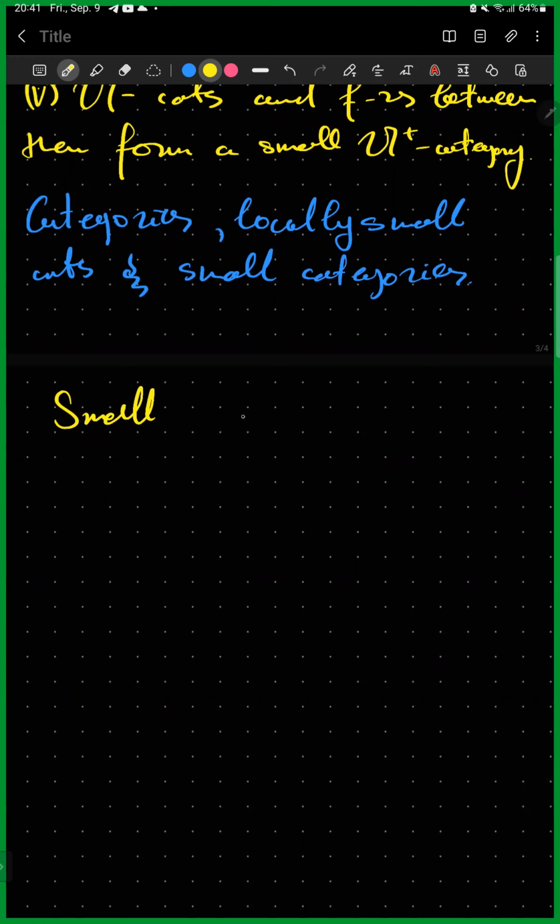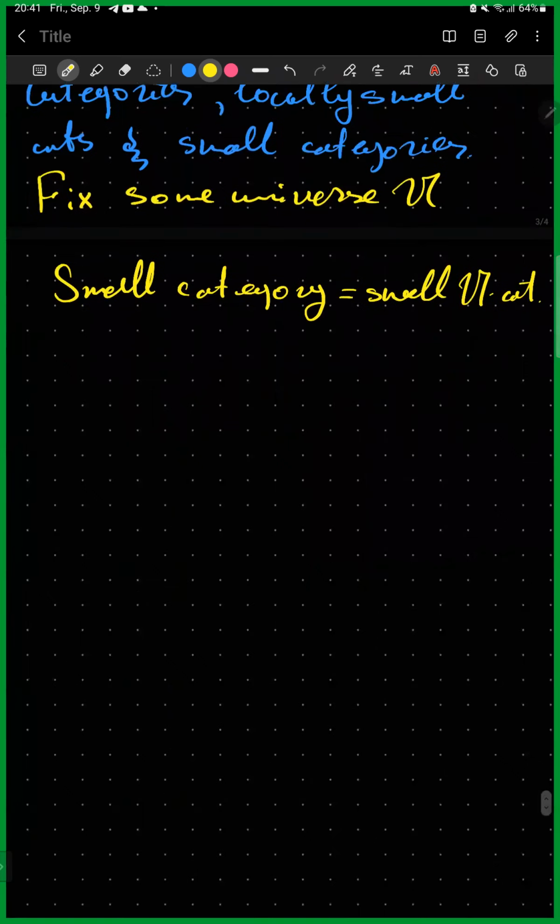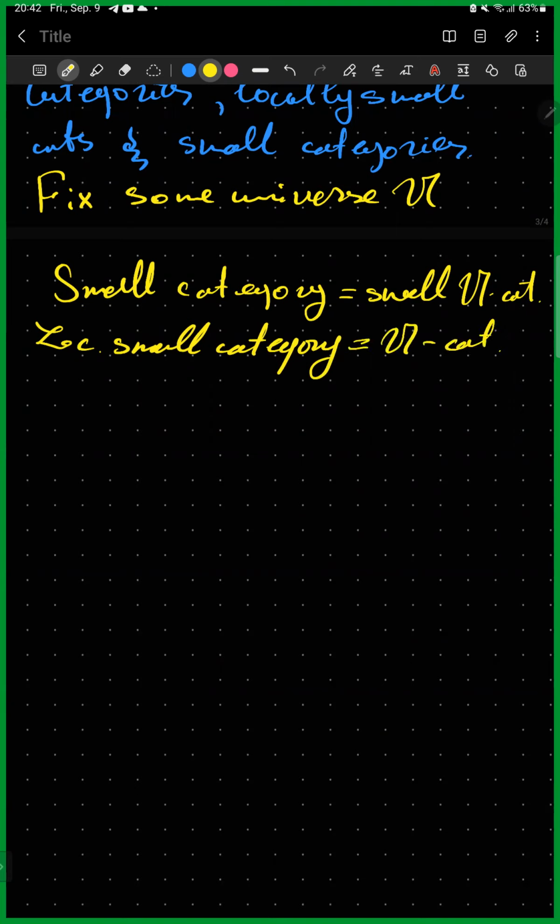A small category equals a small U category, where we start from some universe U. A locally small category is just a U category. When we're talking just about categories, then we mean small U plus categories.